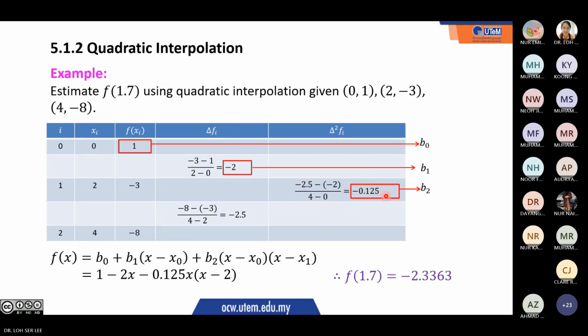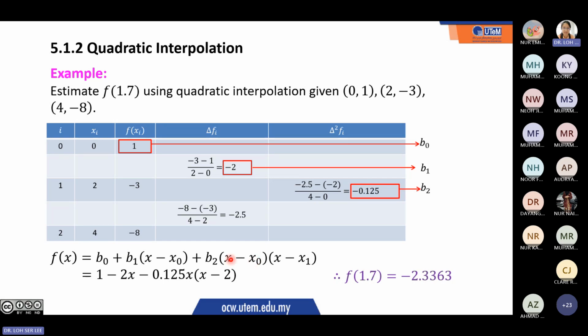You get this value. Your first y value is your B0, the first delta f is your B1, and this is your B2. So you have to write this out, B0, B1, B2, and this is x squared. Then substitute B0 is 1, B1 is -2, your x0 is 0, and your B2 is this value.